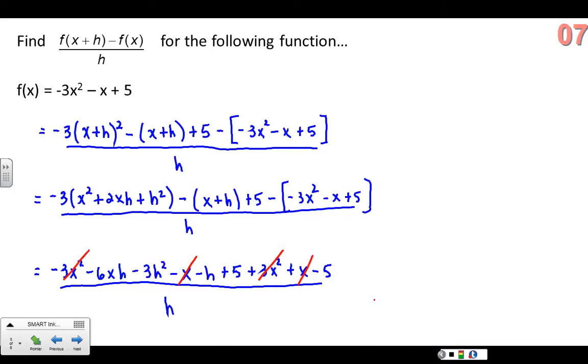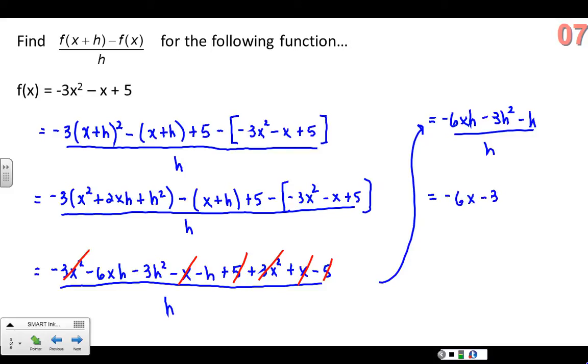Negative x, positive x, 5, and negative 5. So that's going to leave us on top negative 6xh minus 3h squared minus h, and that's all going to be divided by h. So if I take an h out, that leaves me negative 6x minus 3h minus 1.